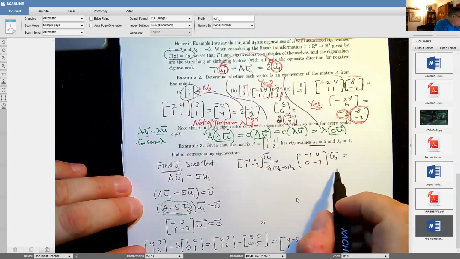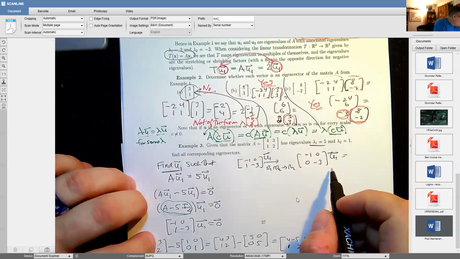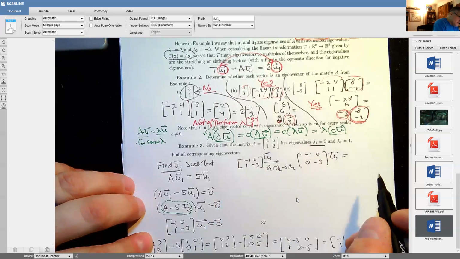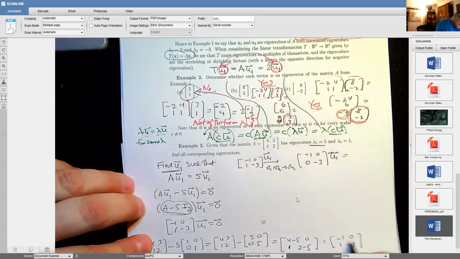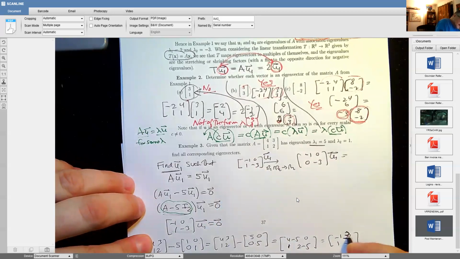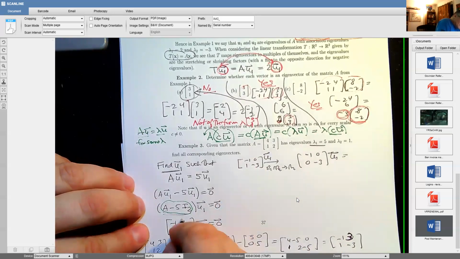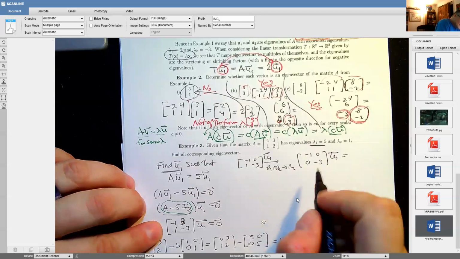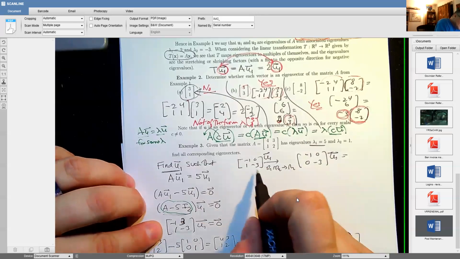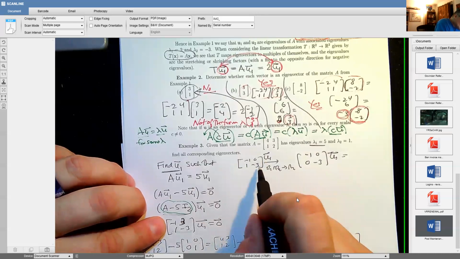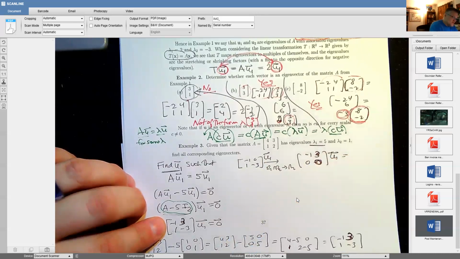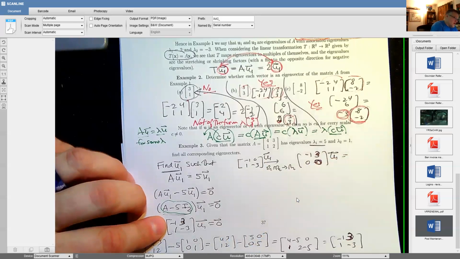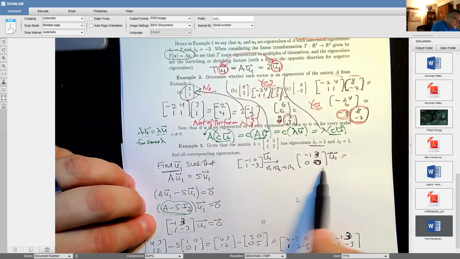All right, and so in this case, did I subtract something wrong? Oh, I forgot the 3 here. I was going to say this doesn't actually seem to work. All right, sorry about that. So there should be a 3 here. And if I add those together, I get a 0 there too. Sorry about that. All right, so notice I have a row of zeros.